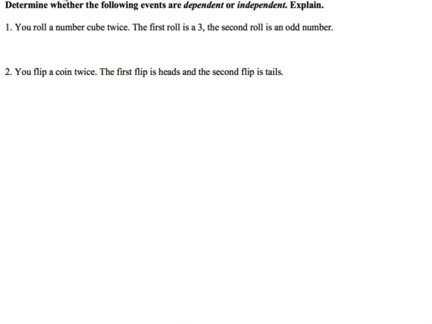You roll a number cube twice. At first you roll a 3, and then the second time you roll an odd number. All right. When you roll a number cube, does it change depending on what you got the first time? Well, I got a 3, but that does not change what happens on the next roll. So this is independent.